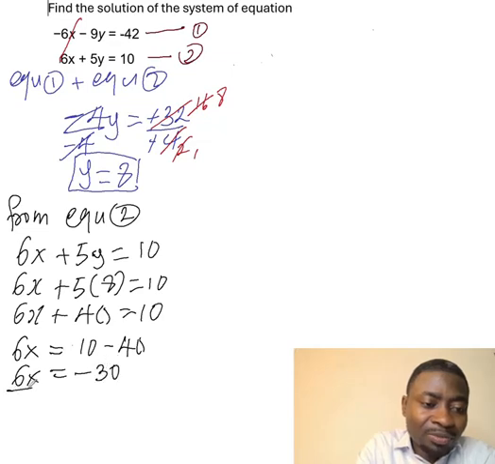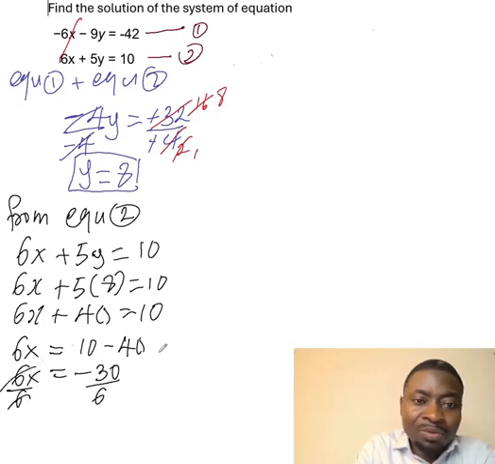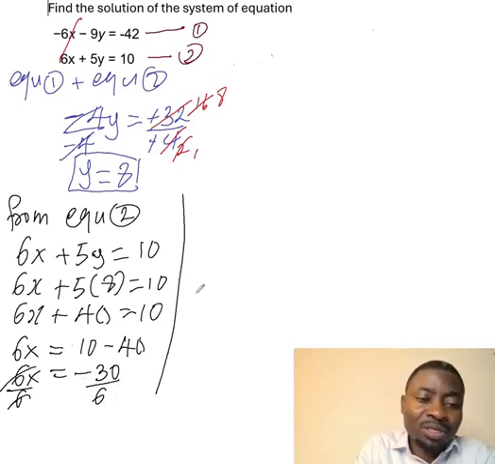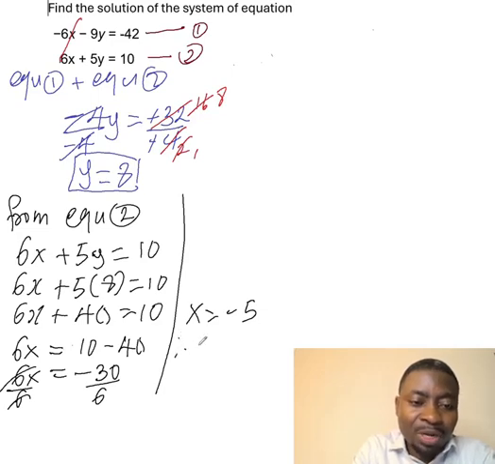So 6x equals negative 30. What do I do? Divide both sides by 6. So 6 goes off here. 30 divided by 6 gives us 5. So x is equal to negative 5.